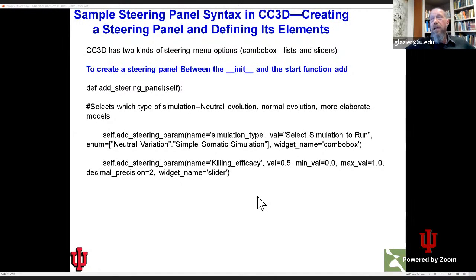In particular, it gives you a combo box, which gives you pull-down lists, and sliders. And to add a steering panel, I don't think you can add more than one because it doesn't have a name. It's not like a plot window where you can add multiple ones.